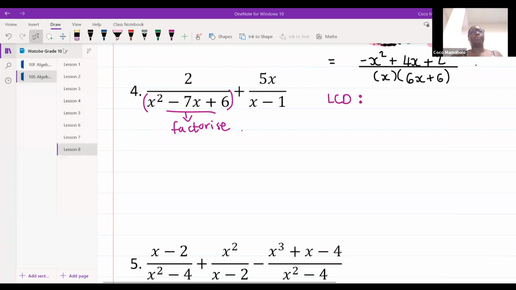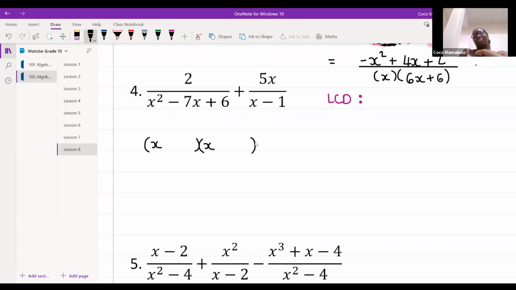Yes, Chioma. Put 2 brackets with x in each. Good. And then it must be x plus, and the other one is x minus. X plus what? X minus what? X plus 1 and x minus 6.